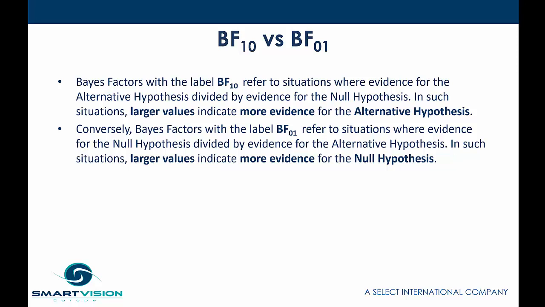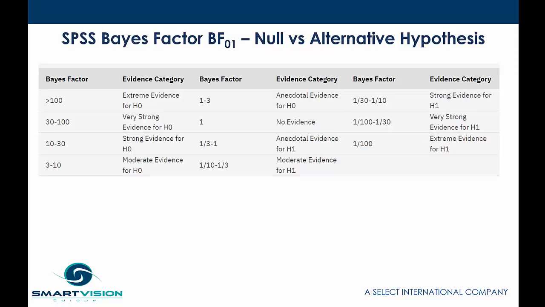This is the convention that SPSS uses, certainly when it's comparing, for example, averages in the Bayesian equivalent of an independent samples t-test. And we can see here it gives us a little table in the help system where it says, look, if you're getting values, say, in the range of 10 to 30, that indicates really strong evidence for H0, which is the null hypothesis.